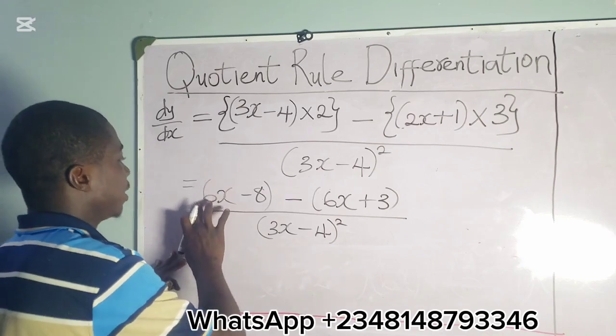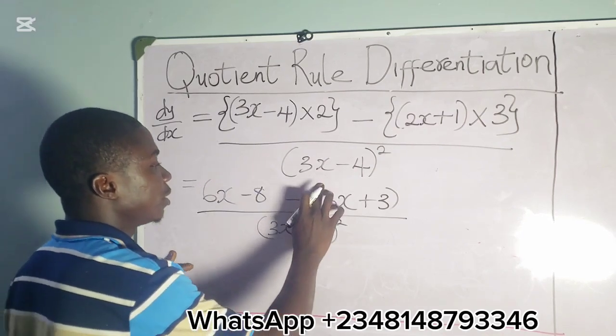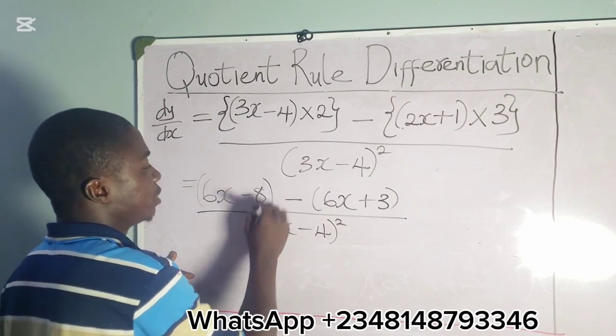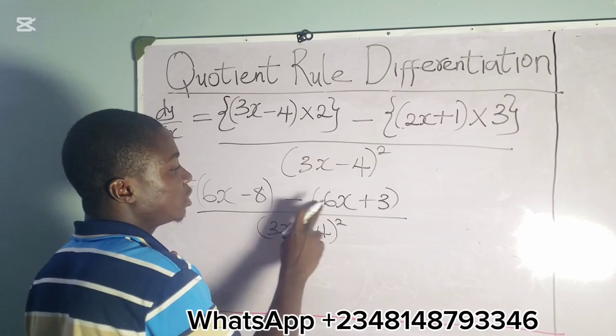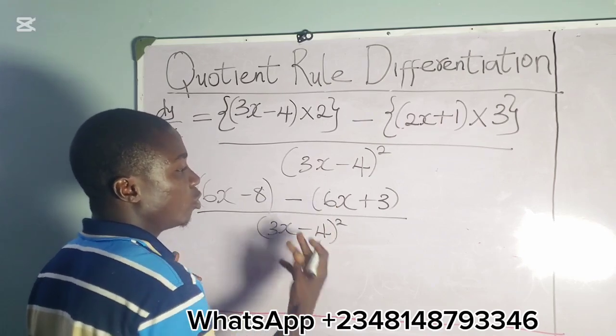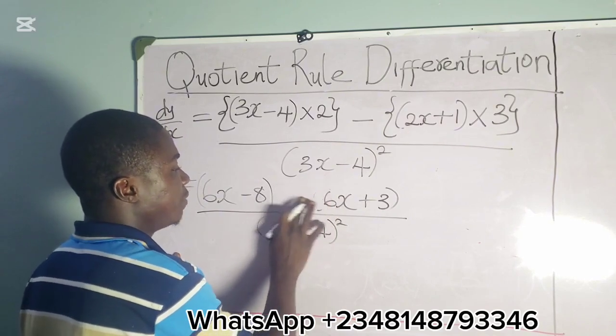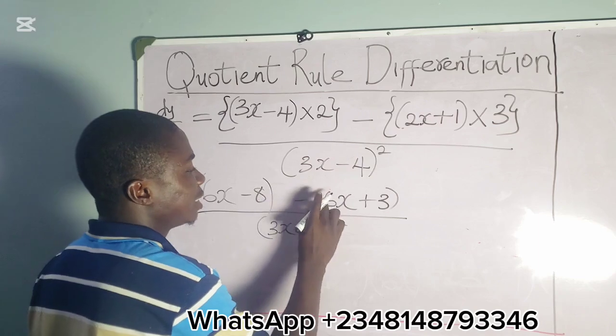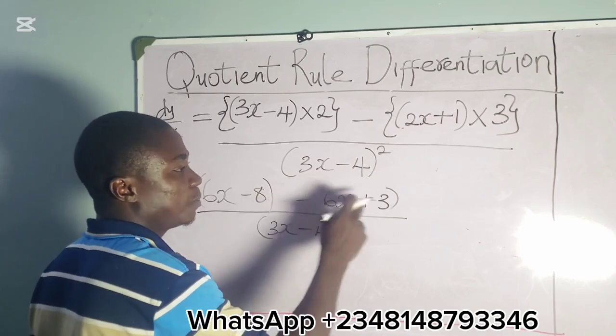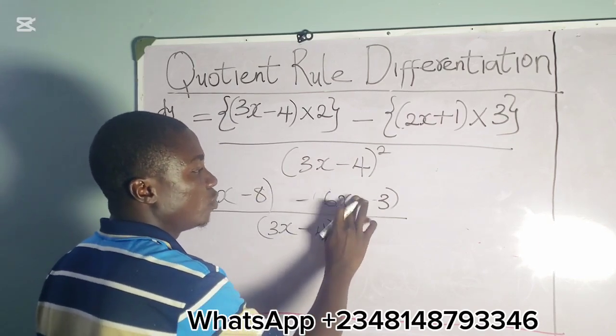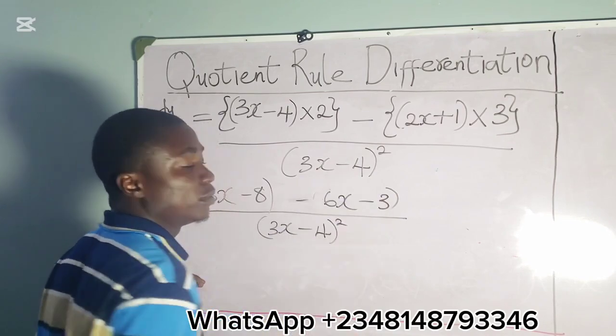So let's clean this bracket. Okay, let's leave it. Negative multiplies 6 automatically becomes negative 6x. So we have here minus 6x. And then negative multiplies 3 will give you negative 3.